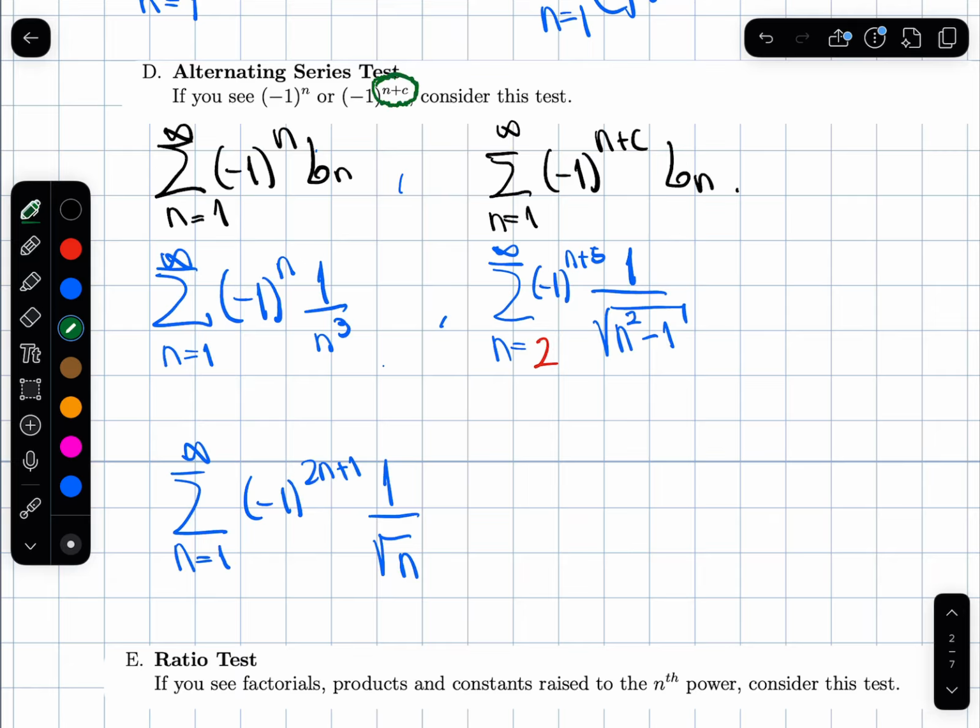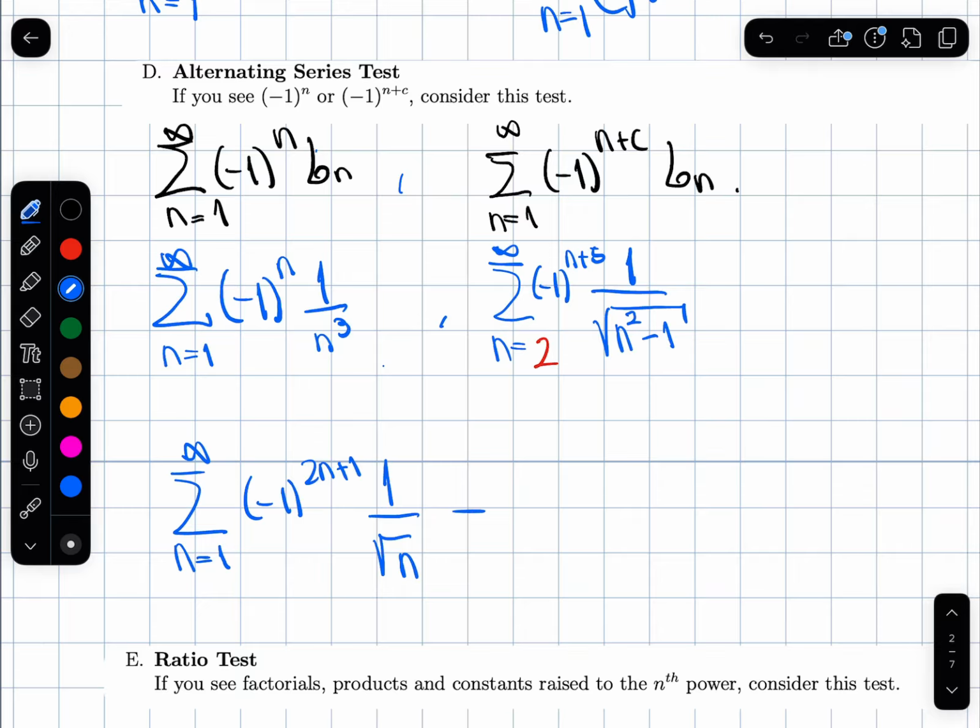The essential, look at this. The essential here is that the exponents alternate between even, odd, even, odd, so that the power of -1 itself, the whole power, alternates between positive and negative. But here everything's odd. It's -1 always to an odd power, because 2n plus 1, n is an integer: you double it, that's even, add 1, that's odd.